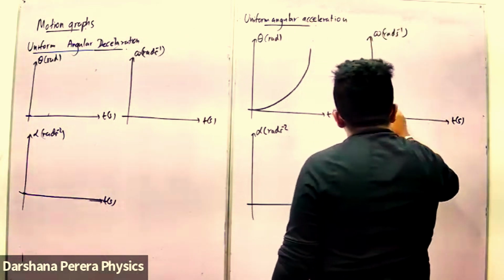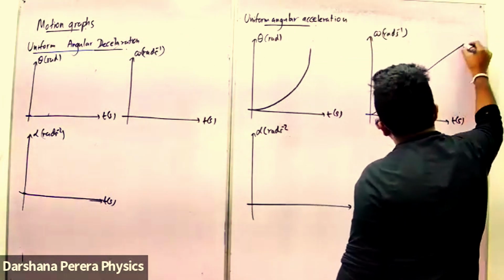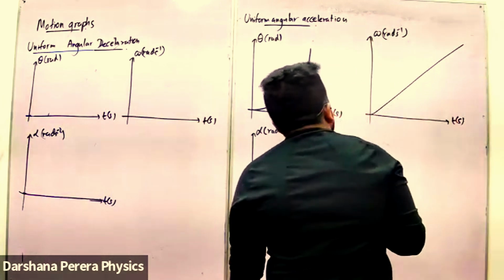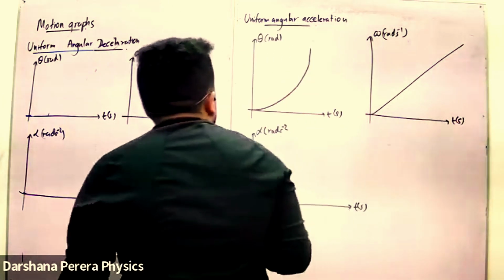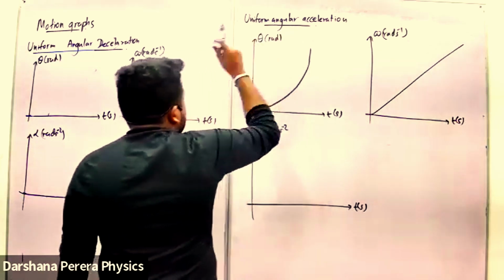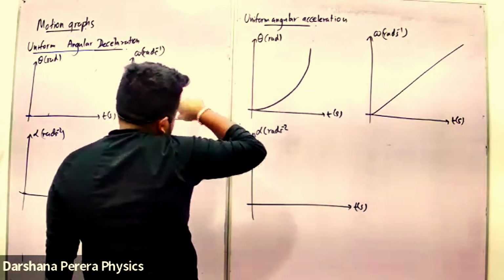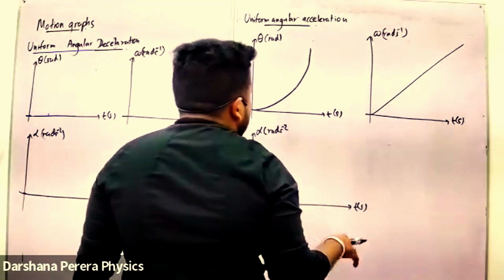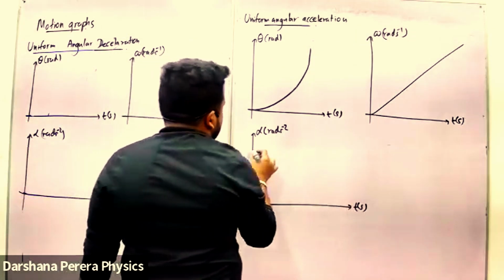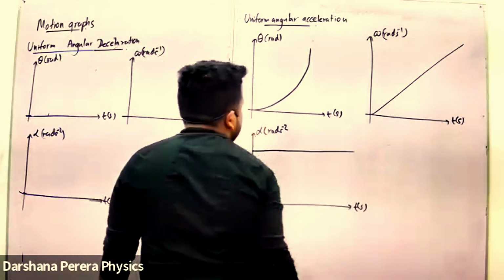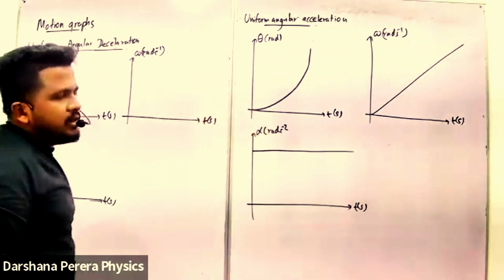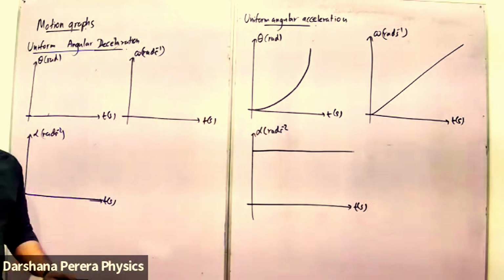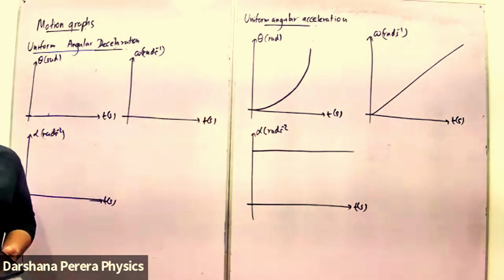Uniform angular acceleration, so the gradient should be the same. The alpha means uniform angular acceleration. There is a value, it is alpha, like this. Like that, we have to draw.